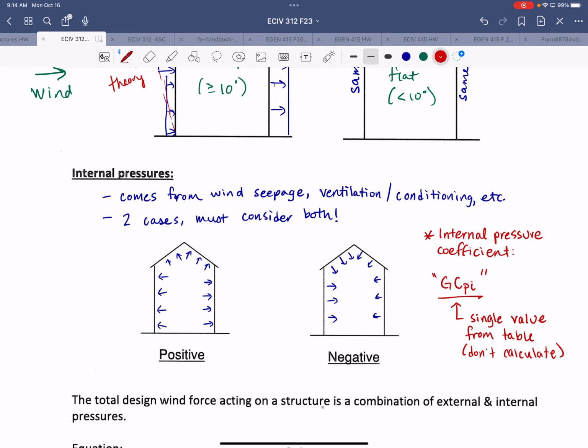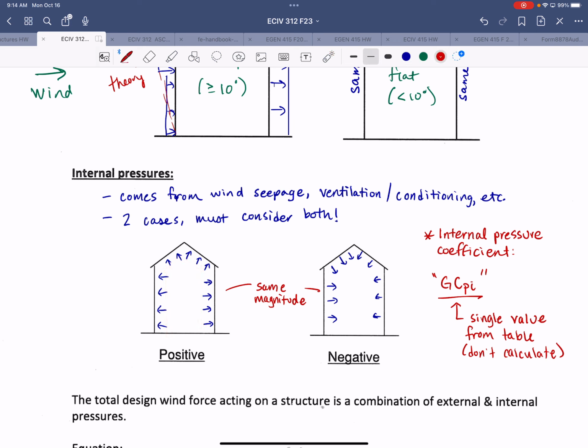So positive and negative cases use the same magnitude, and also a constant magnitude on all surfaces.